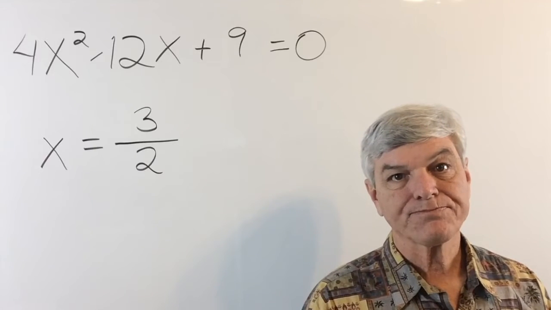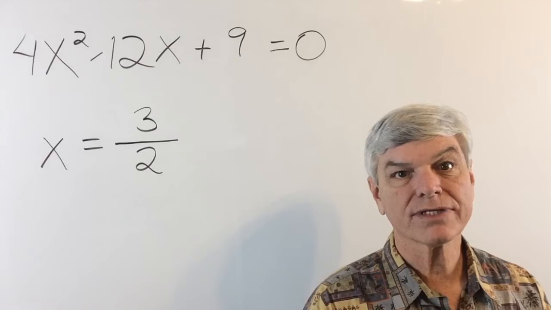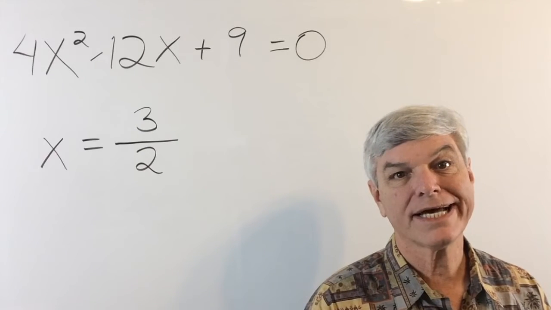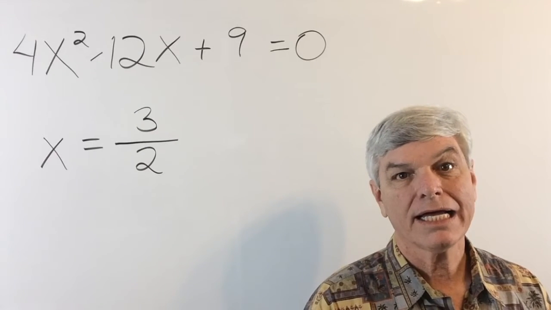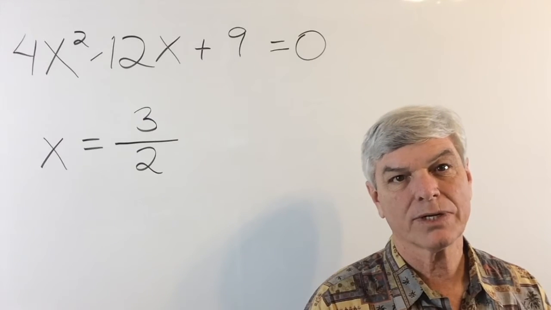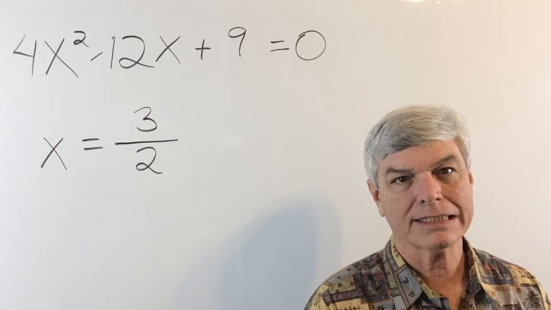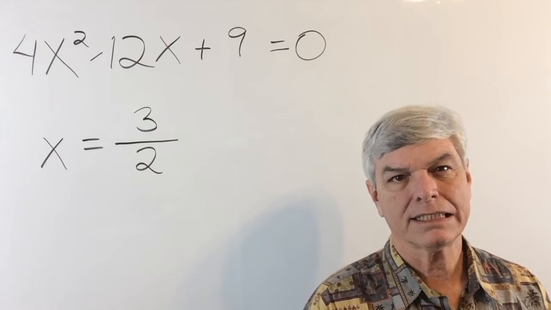And by the way, maybe you aren't interested, but the reason why we only have one answer for this is because this is a square. And so if you take that original equation and you kind of square it out, you'll see that it's, I think it's 2x minus 3.